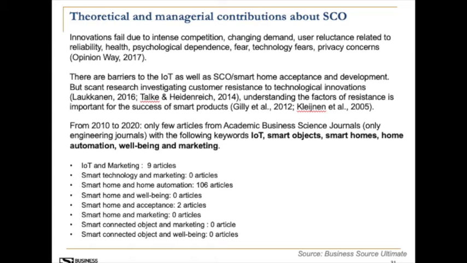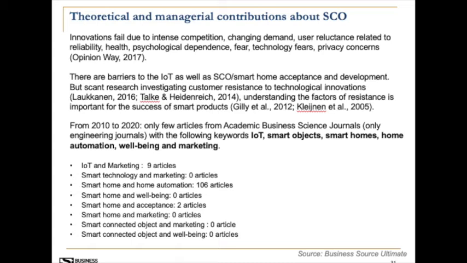And finally, we fill a research gap because from 2010 to 2020, after having looked at Business Source Ultimate, the database, only few articles come from academic business science journals. Articles about IoT and smart connected objects were only published in engineering or informatics journals. We searched for the keywords IoT, smart objects, smart homes, home automation, well-being and marketing.